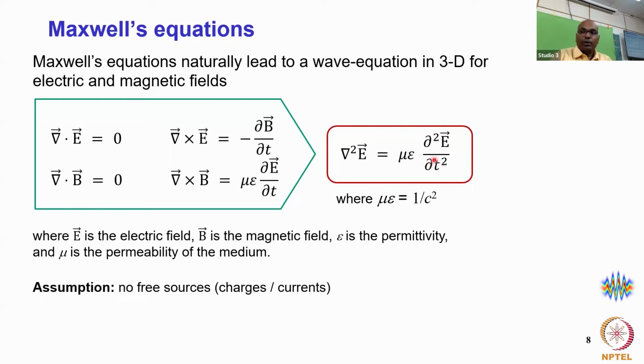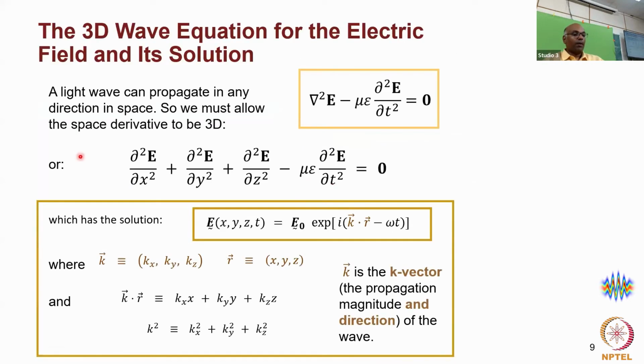E can also depend on the spatial coordinate or the position vector. So this equation can be derived from Maxwell's equations written in their present form by considering the curl of E and using the Gauss law, which is the divergence of E, which in this case is zero because there are no free sources. And now let us consider the solution to the three-dimensional wave equation.